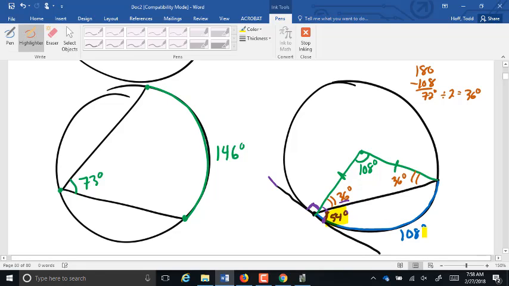See the relationship between that angle and the arc? It's the same relationship as this inscribed angle to that arc. It is half of the arc it intercepts. So that vertex is on the circle. That is still an inscribed angle, even though the one side is not a chord, it's a tangent.